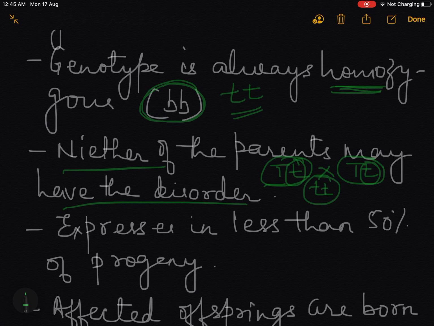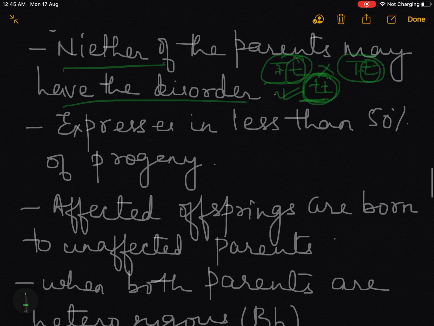This is not a disorder, but I have taken this case just to explain to you. It's not necessary that the parents are also dwarf, so the plant can be dwarf. So neither of the parents may have the disorder.